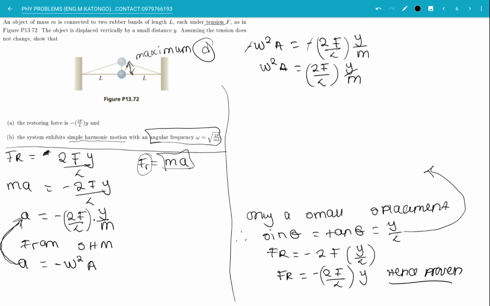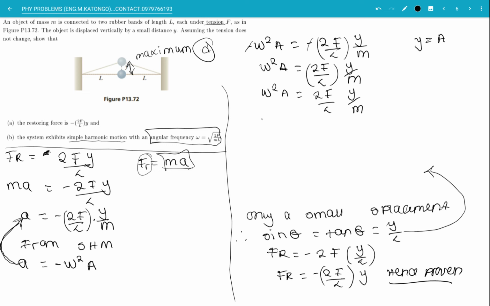So we can say y is equal to that of the amplitude. So replacing A with y, we'll have angular frequency squared times the A is equal to 2F over L, y over m.